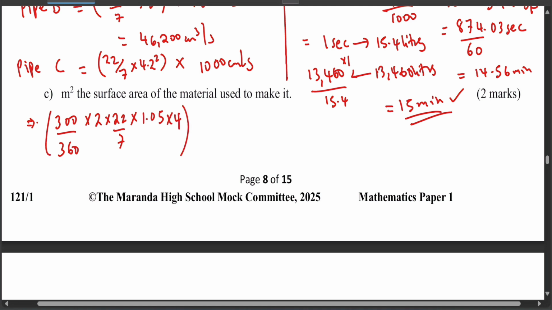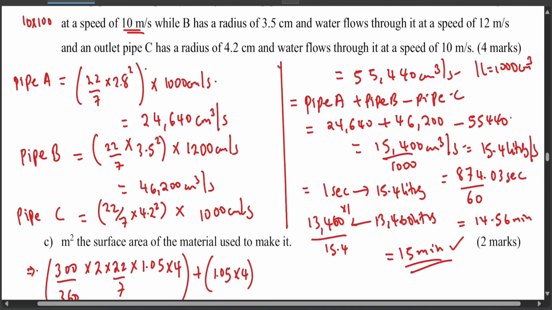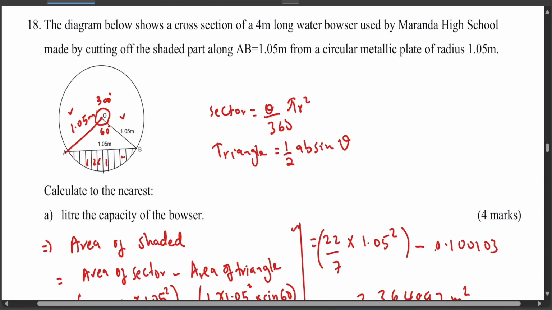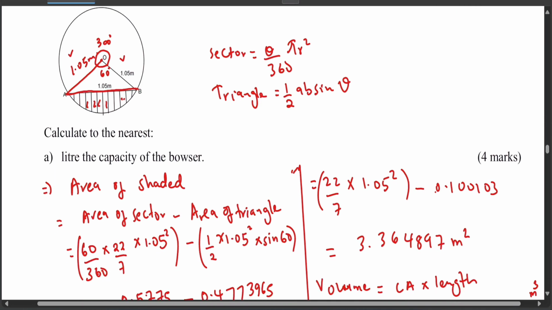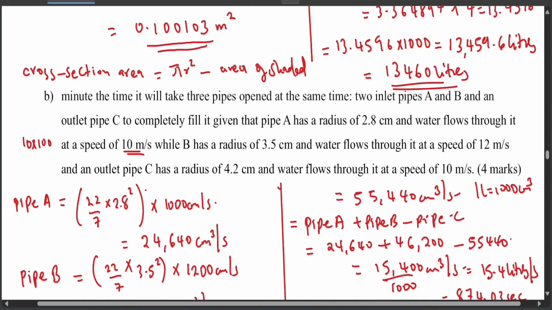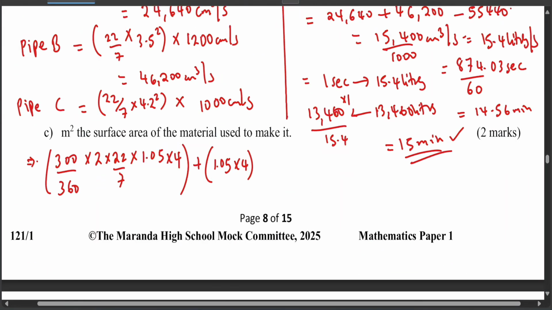So then plus, kwa vile kuna rectangle chini, utachukua 1.05 times 4, kwa sababu 1.05 si radius, 1.05 ni ile chini, so usikorogeke. 1.05 ni let's say ni width yako na ile length yako ni 4.